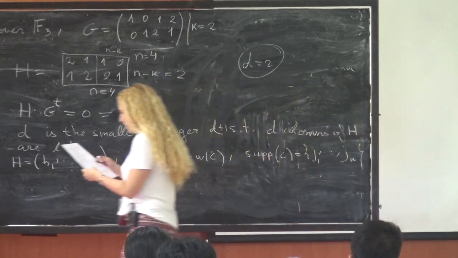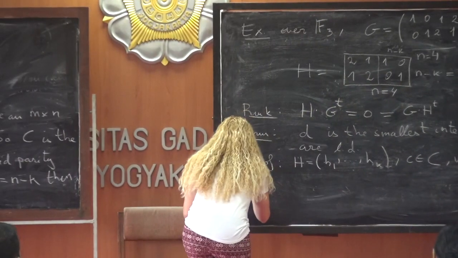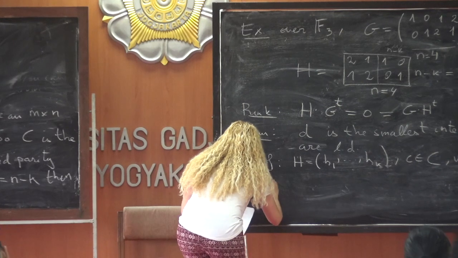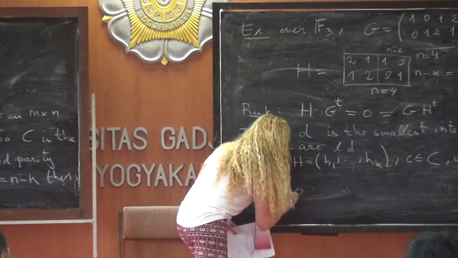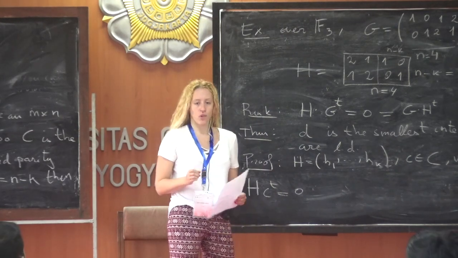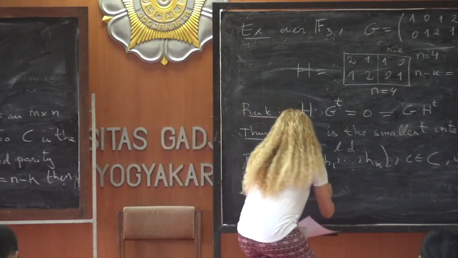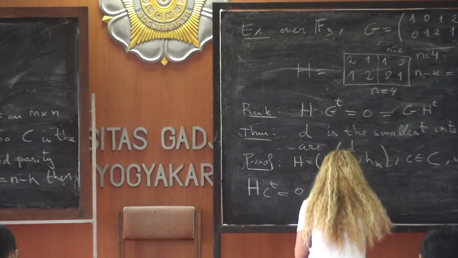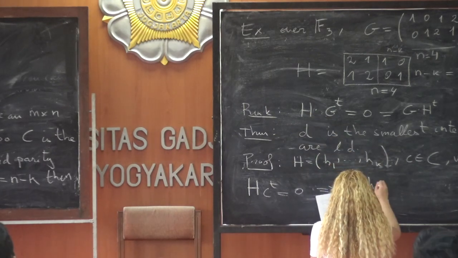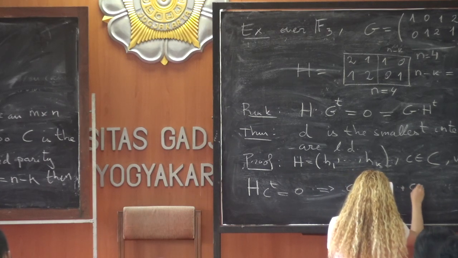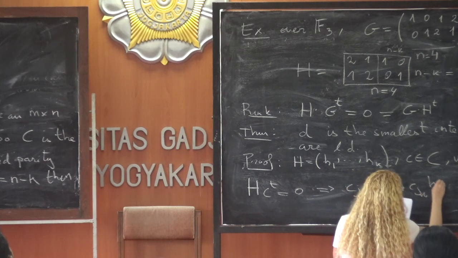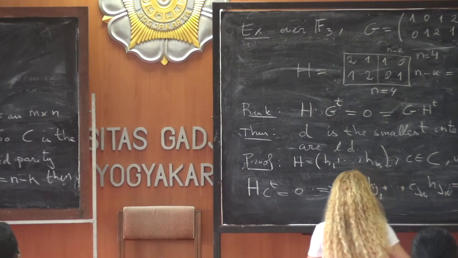Okay? So what I get, because H is a parity check matrix, is that this is equal to 0. So in particular, what I get is that this is equal to 0.